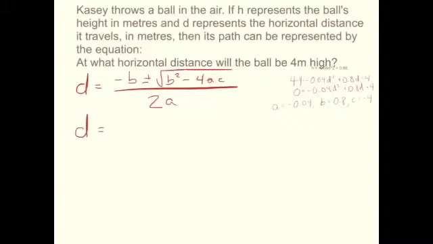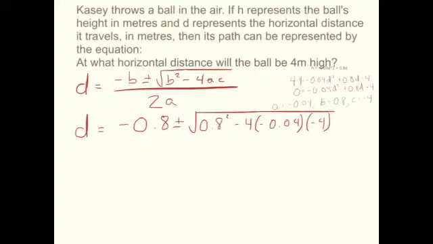So now d equals, now I'll substitute. Be careful with your negative signs here. We've got negative, and this is a positive number, so it'll be negative because it's negative b, plus or minus the square root of 0.8 squared minus 4 times a, which is negative 0.04, times c, which is negative 4. And all of that over 2 times negative 0.04.